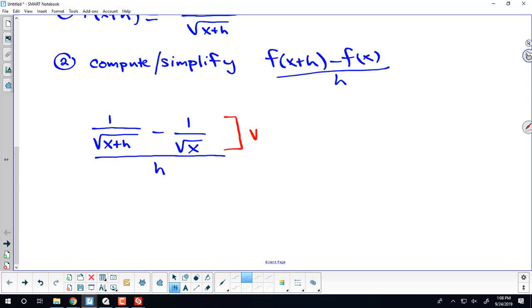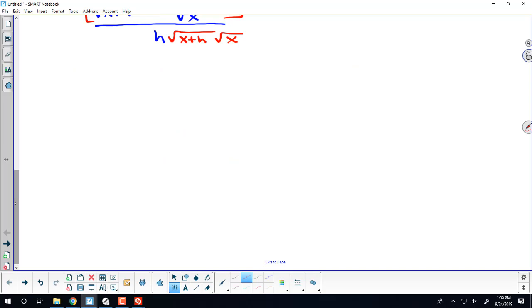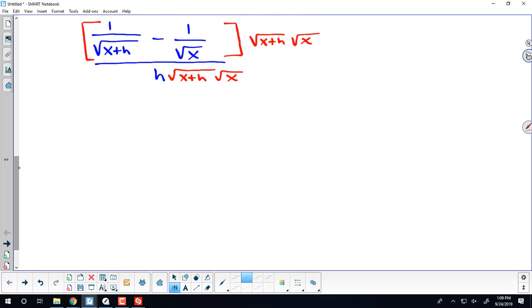So we're going to multiply this by the denominators, root x plus h times root x. So we need to do that on the bottom as well. And that way we can get rid of the complex fractions and see maybe if that will be helpful to us.